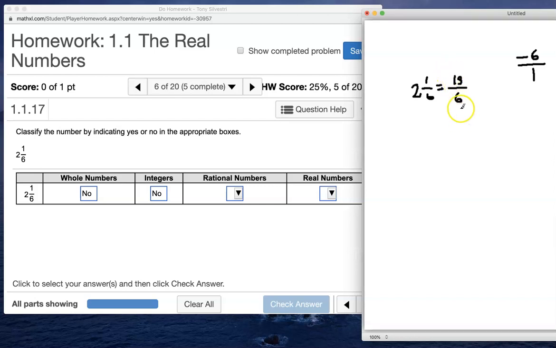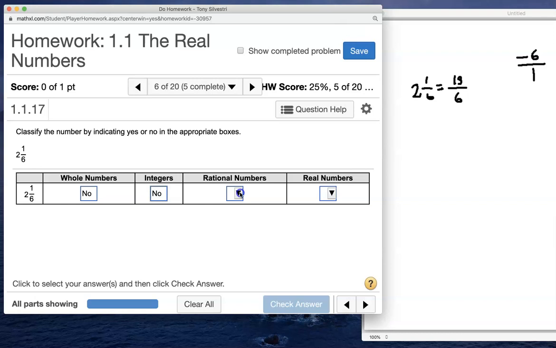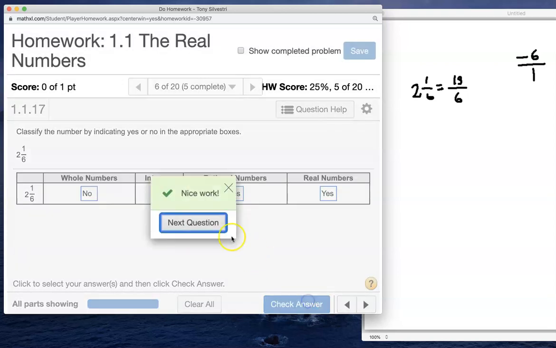So 13 over 6 is 2 1/6. And it's a rational number. Anything that can be represented as a numerator and denominator is a rational number. And so, yes, it is. And everything's a real number. Check your answer.